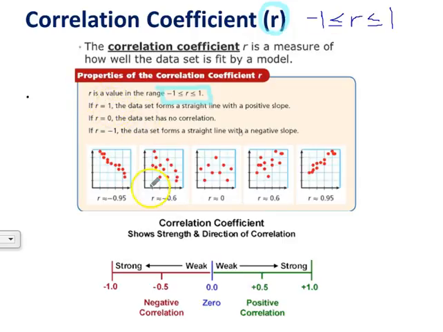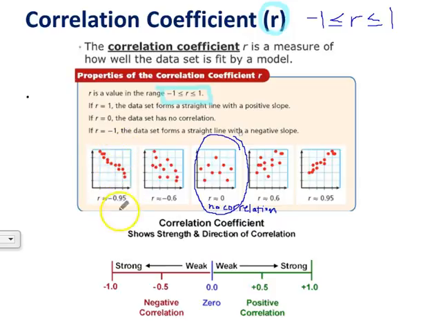The closer we are to 0, the weaker our correlation is, and if it's at or close to 0, this represents no correlation. The closer we are to -1 or +1, the stronger the correlation, a high correlation.